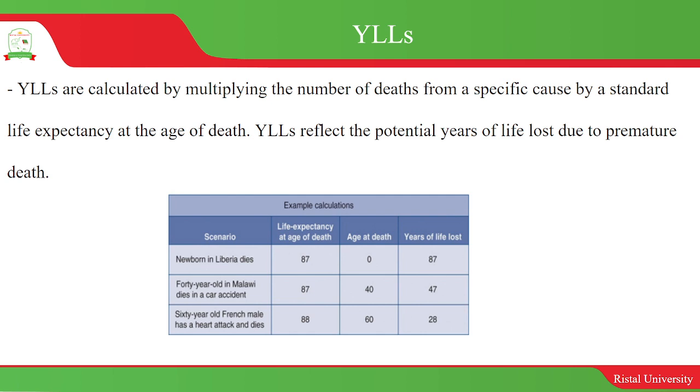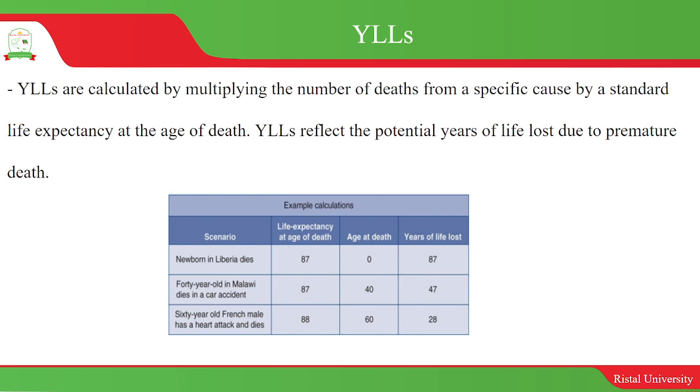Here you calculate at population level: you have the number of deaths from a particular cause, let us say ischemic disease. In a particular region, let us say Central Equatoria, how many people have died from ischemic disease? And then multiply that number by the standard life expectancy at the age of death.